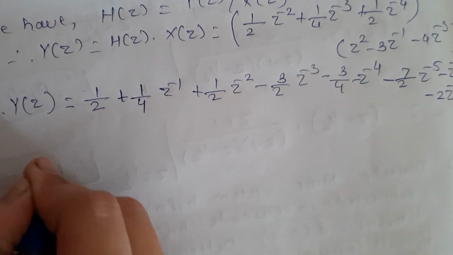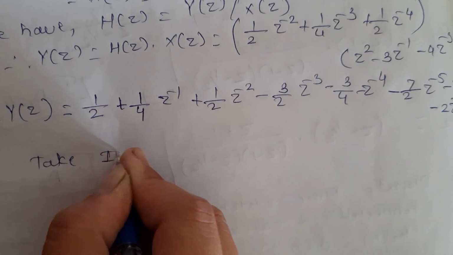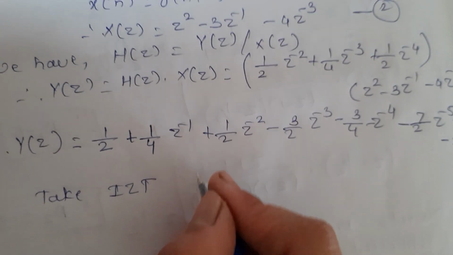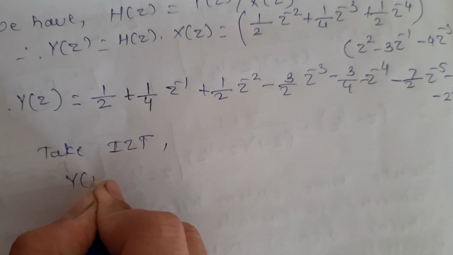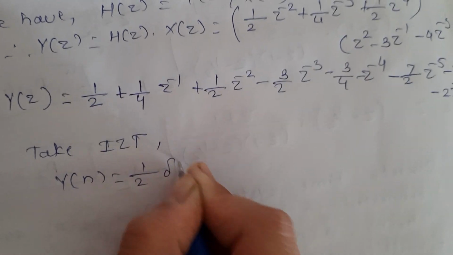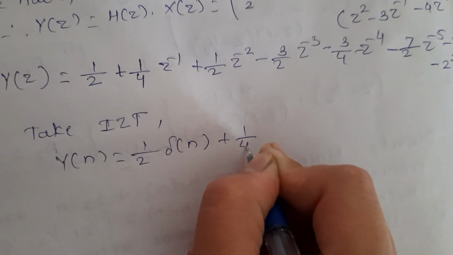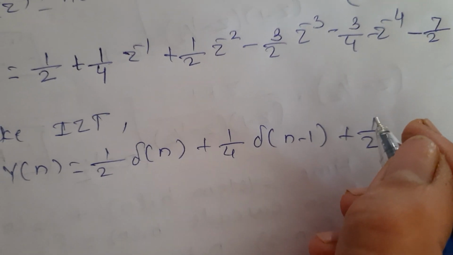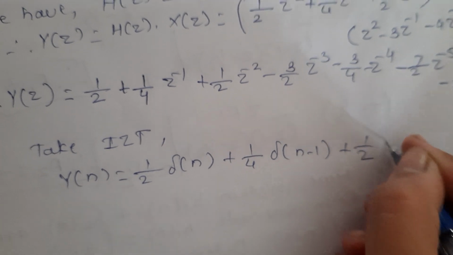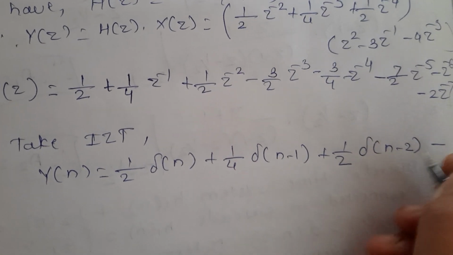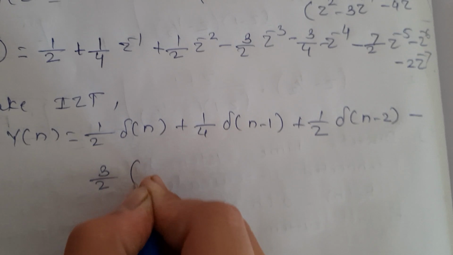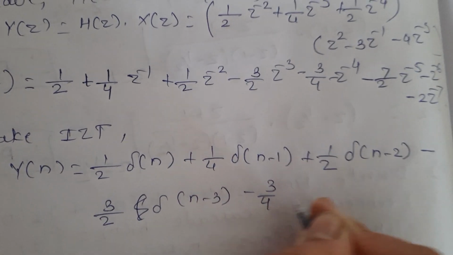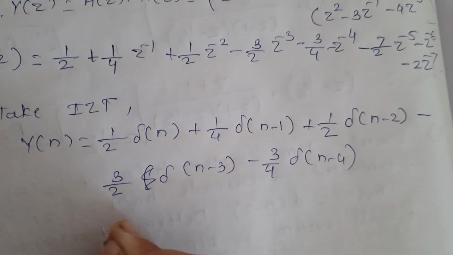Now taking IZT, that is inverse Z transform, y of n is equal to 1/2 delta of n, plus 1/4 delta of n minus 1, plus 1/2 delta of n minus 2, minus 3/2 delta of n minus 3, minus 3/4 delta of n minus 4, and so on.